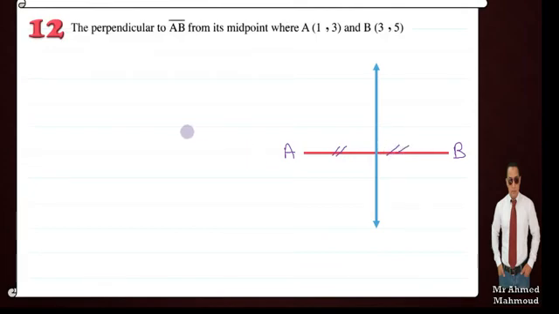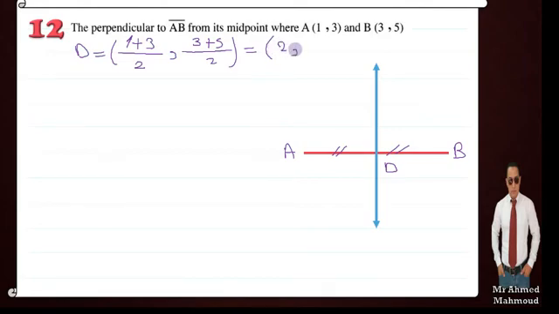Okay, so step 1, I will call this point D. So D equals what? D equals the midpoint of AB, which is (1 plus 3 over 2, 3 plus 5 over 2), which is (2, 4).